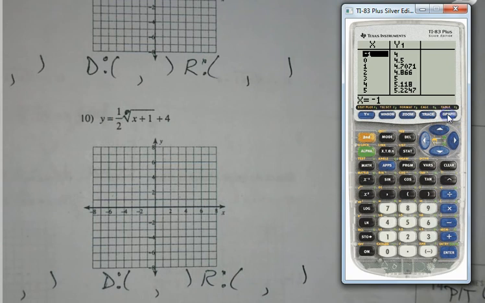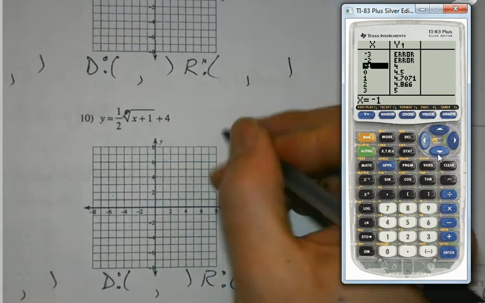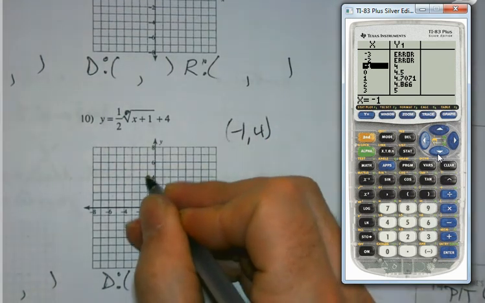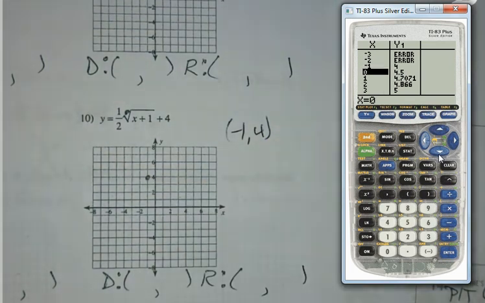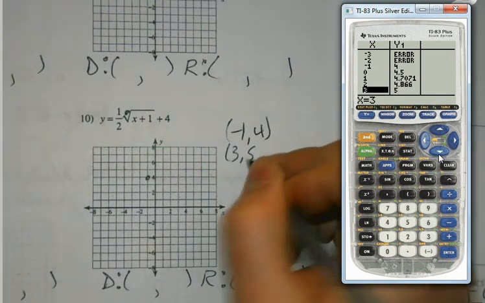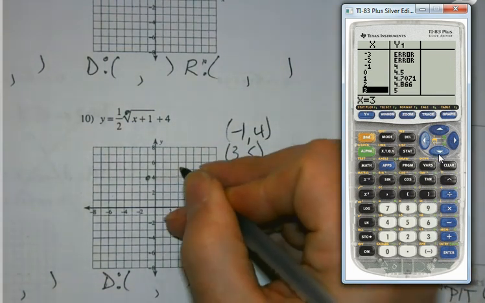Second graph. All right, there's my error messages starting. So my good points would be at -1, 4. Go down a little further here. 3, 5. This may be one of those that I only get 3 points.